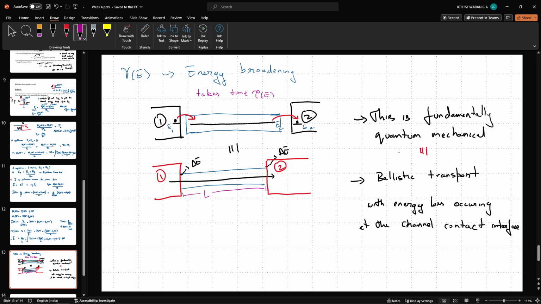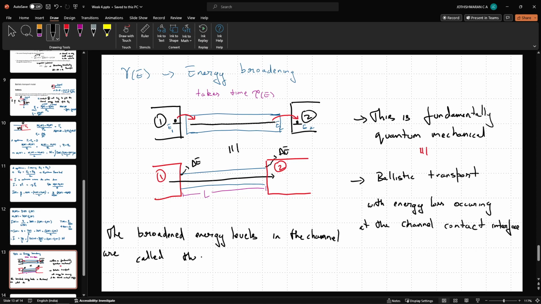And those broadened energy levels in the channel are called the modes.